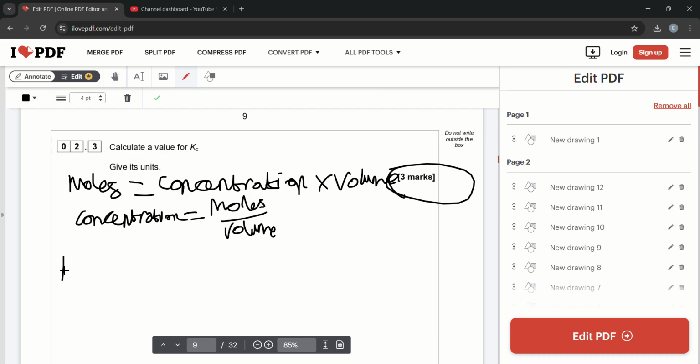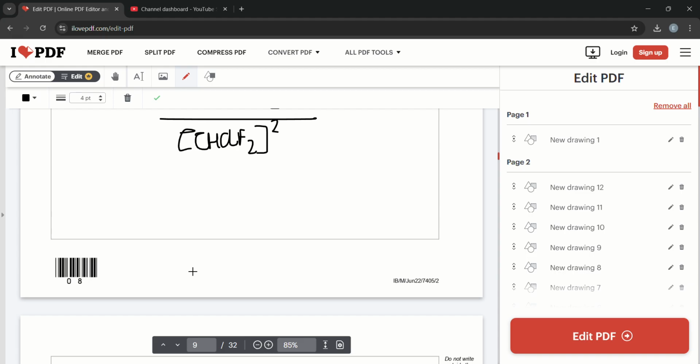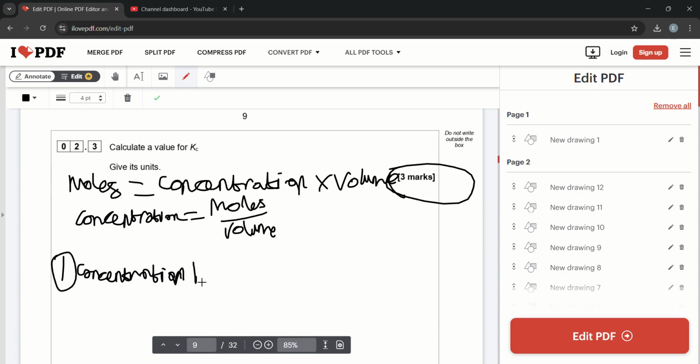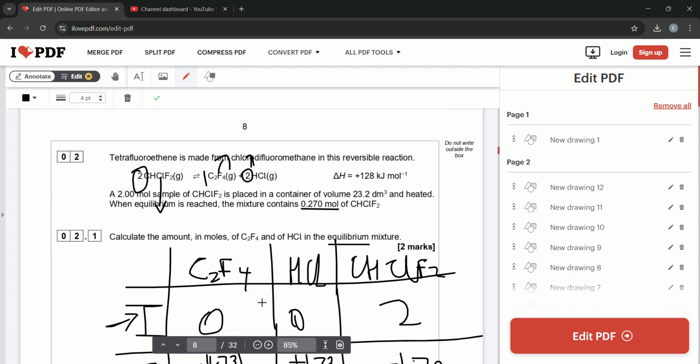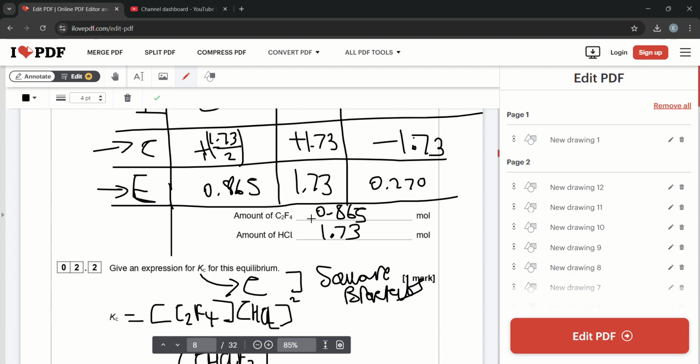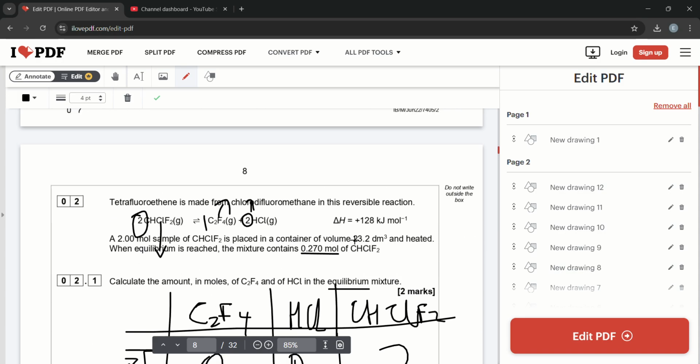Therefore, I'm going to need to find the concentration of these 3, the total products and reactants. So concentration of HCl equals the equilibrium moles, which is 1.73, divided by the volume, and this is why it gives us the volume in the question, 23.2.